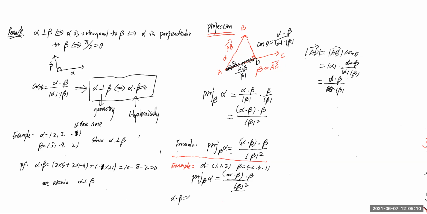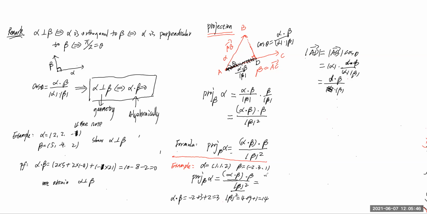Alpha dot beta is -2 plus 3 plus 2. So the answer is 3. And also you have to compute beta squared. We know the formula for the length of beta: you square each component and add them together. It is 4 plus 9 plus 1, which is 14. So we come back here.